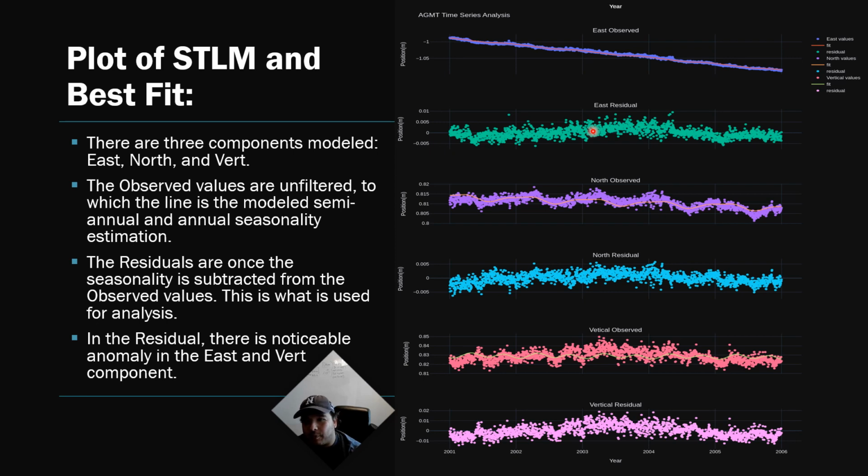And this is what we will use for further analysis. And here you can see there is a bit of a bump in the eastward component, not much of anything in the north, which is expected, and then a larger noticeable bump in the vertical residual, which is what we were expecting and what we're looking for.